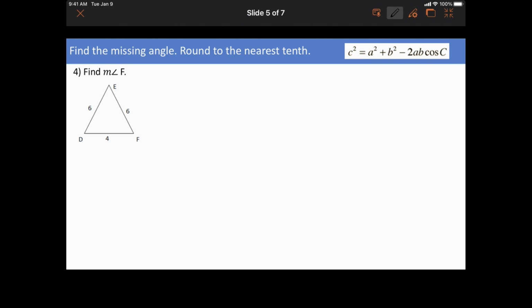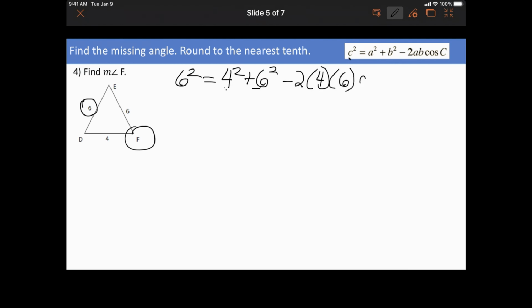It says find the measure of angle F. So this is F here, and that is going to be our C here. This is 6. So this is going to be 6 squared equals 4 squared plus 6 squared. Again, it doesn't matter which one is which, and we're looking for angle F.